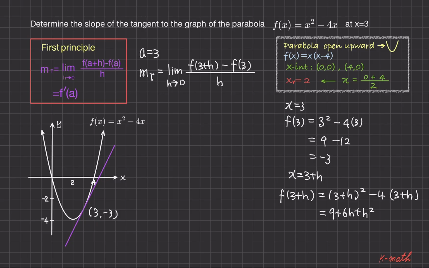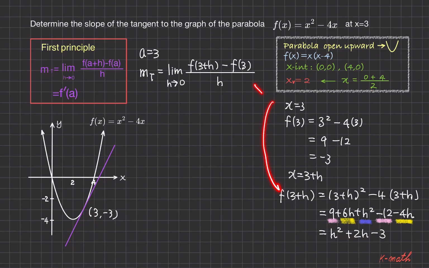Minus 4 times 3 plus h equals minus 12 minus 4h. Let's combine like terms. h squared, 6h and minus 4h, and 9 minus 12. It gives us h squared plus 2h minus 3.